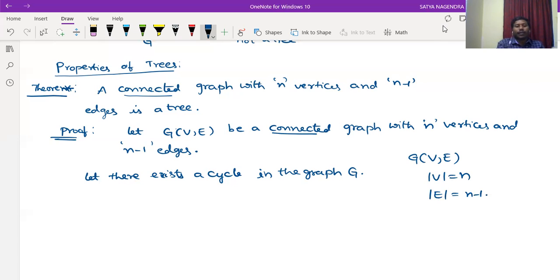So we are taking the graph with a cycle.